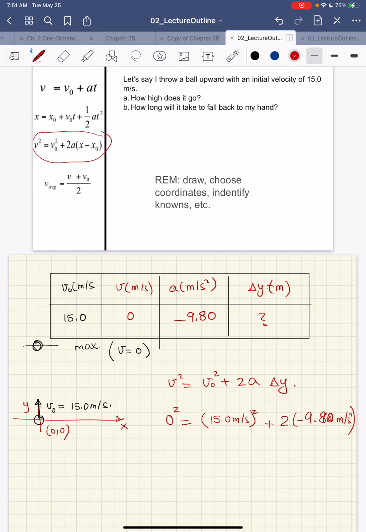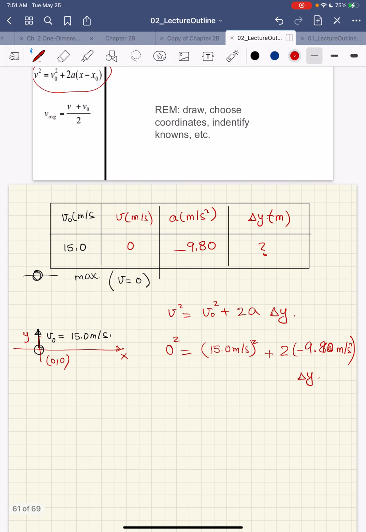We're going to use -9.8. Finally, I am looking for my delta Y. Then my delta Y is going to be 15 meters per second squared divided by 2, 9.8 meters per second squared.